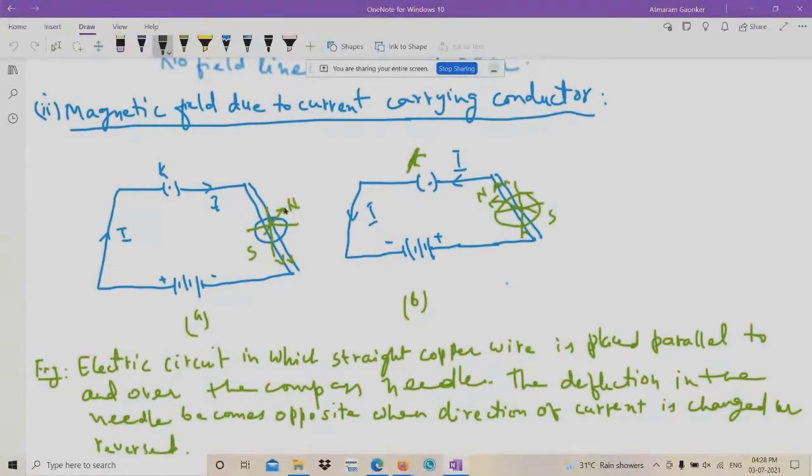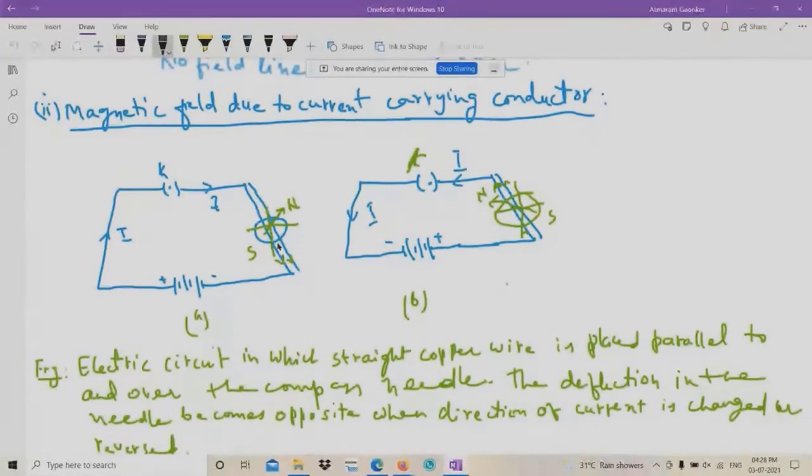Then you change the battery terminals, and the direction of the current becomes opposite, and the deflection you now observe is 90 degrees opposite.